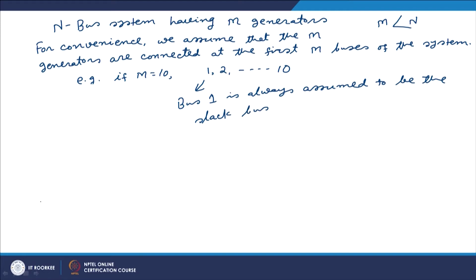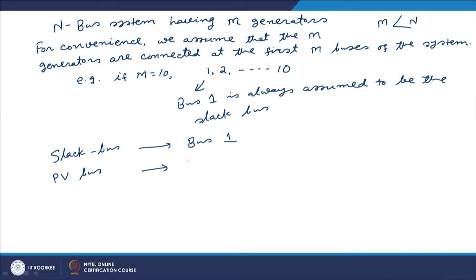So, now we have three types of buses. One is the slack bus, that is bus 1. We have the PV buses, which we have already seen. PV buses are those buses at which generators are physically connected, and these are buses 2, 3 up to m.